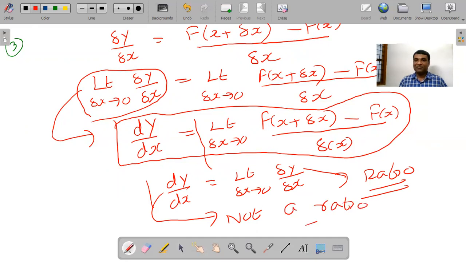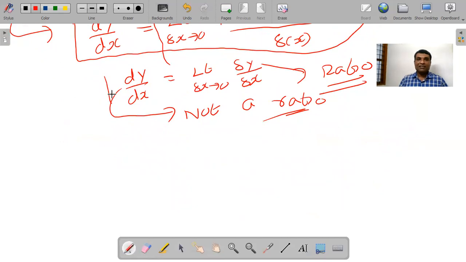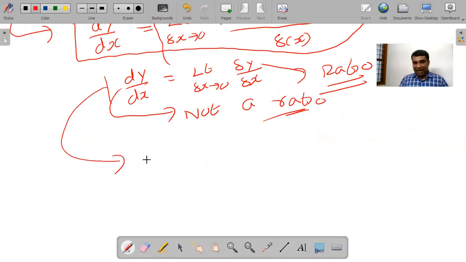Now, this is also denoted by d by dx of the function.